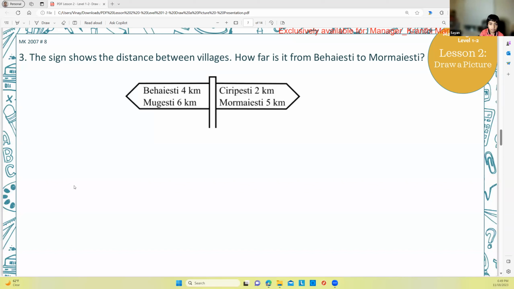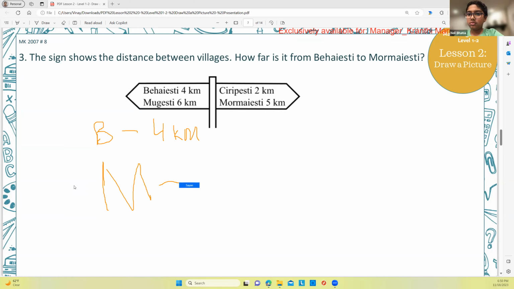Yeah, so okay, so and then so I think we need to do Bahayasti plus Mugasti, which is 4 plus 6.